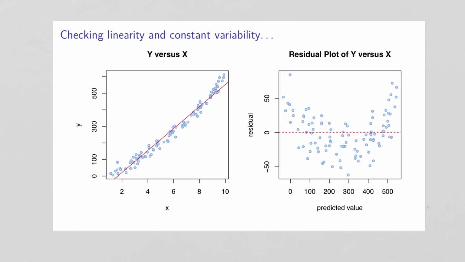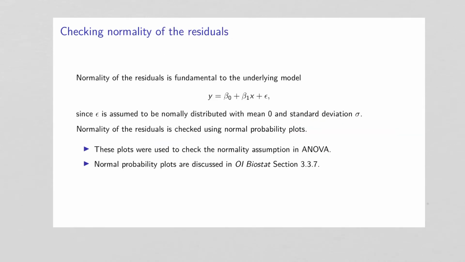Now look at this. Here we have a weird thing, even though this looks pretty straight, right? But the problem is that it isn't straight. If you look at it, it kind of goes like that, right? And so that's where we have it over here. So checking the normality of the residuals is fundamental.